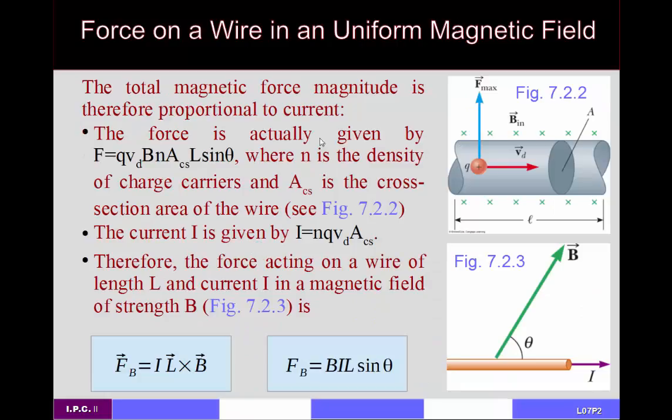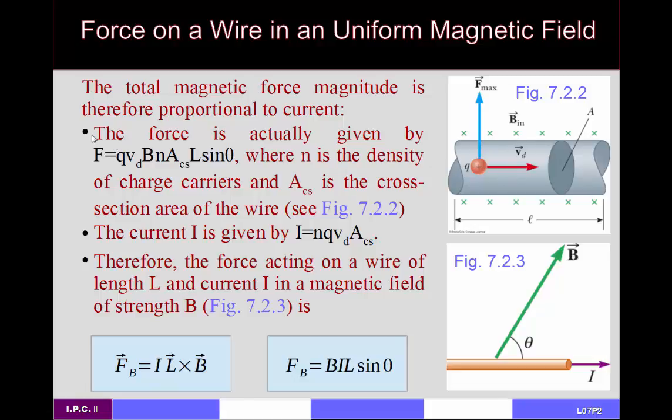Basically what we want to do here is get how much force is actually acting on this wire. The total magnetic force is going to be proportional to current. That is simply because the force on a given charge is going to be the magnetic field times the speed of the charge times the magnitude of the charge times the sine of the angle between the field and the velocity vector.